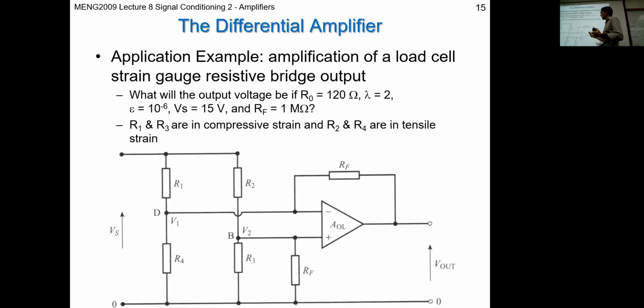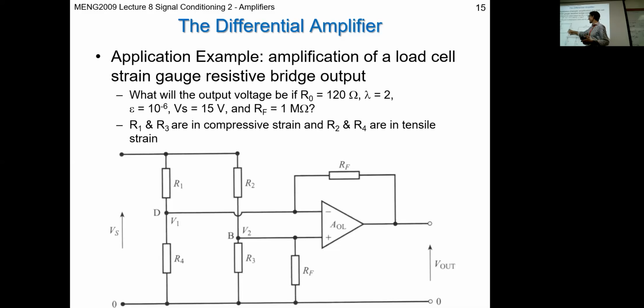And what we really want is to measure the difference between V1 on this branch and V2. Now the way it's configured, R1, R3 compressive, R2, R4 tensile, as this one reduces, this one will be increasing. So you're going to get a change in the voltage at this point. Whilst this one is increasing in its resistance, this strain gauge is going to have a reduced resistance.